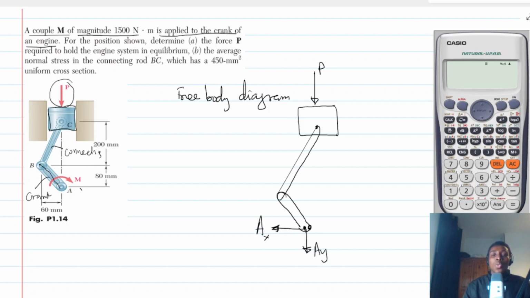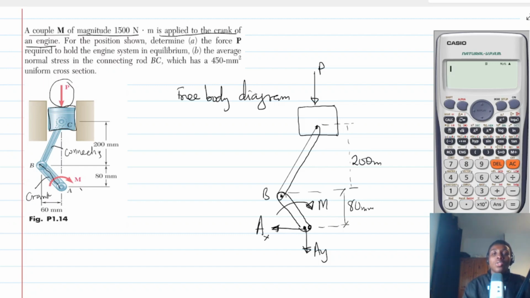Okay. So this is the free body diagram. We need to introduce the couple moment M, as well as the dimensions. So this is 80 mm, and the distance from the cylinder all the way to B is given by 200 mm. All right. So how can I solve this problem?